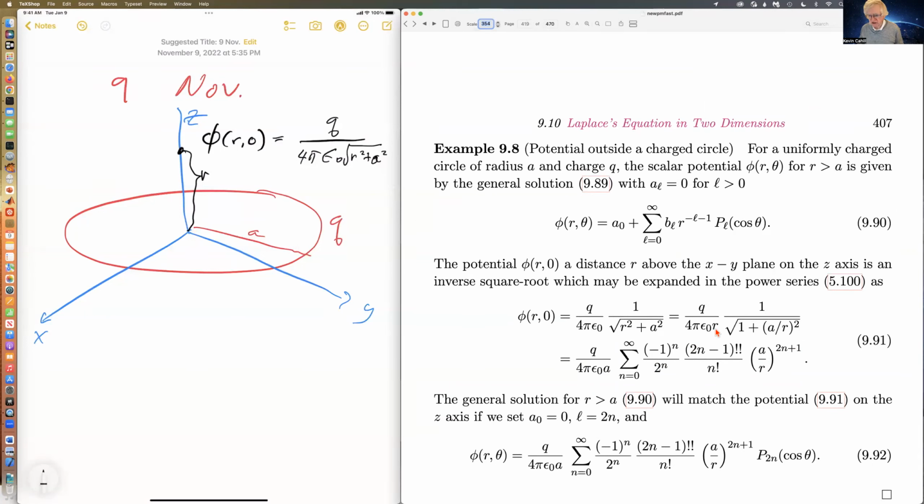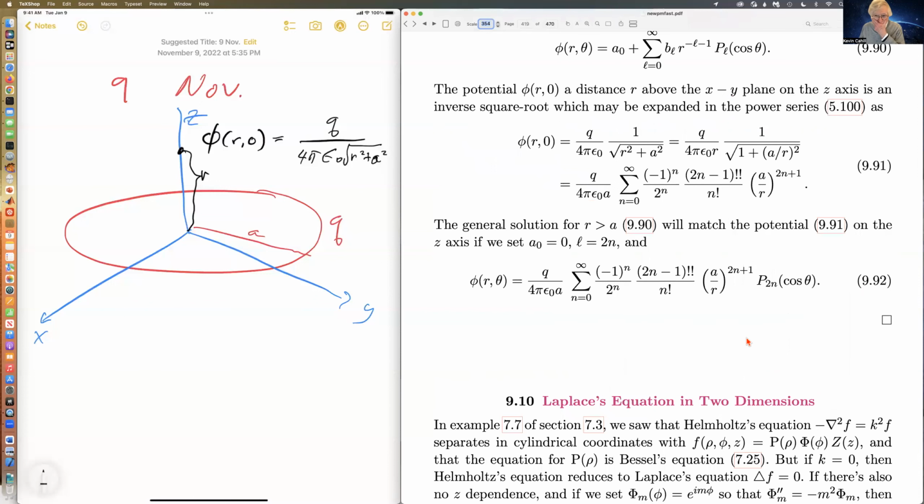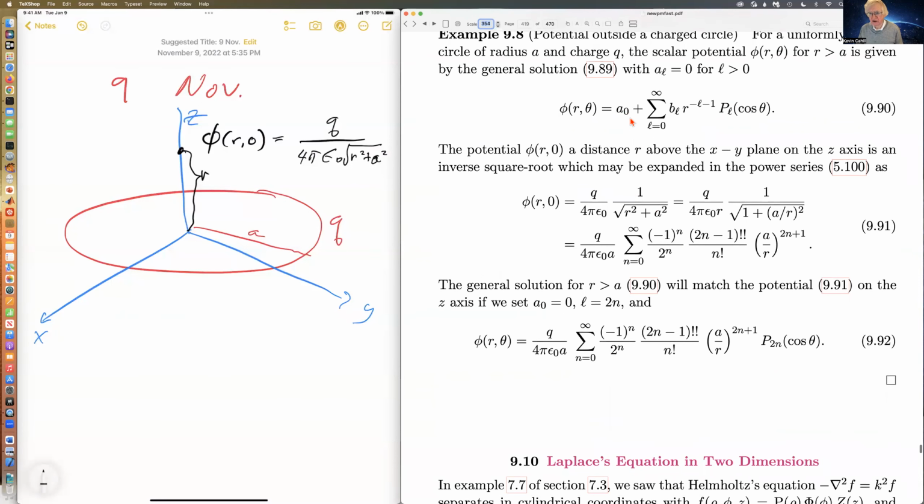And what I also did here was I had an r here. This power series is a power series in 1 over r to the 2n, but I took this r and made it r to the 2n, and then I canceled the extra a by putting an a there. And this is what we have. And so then what we know is that this general solution, we're going to set a0 equal to 0.